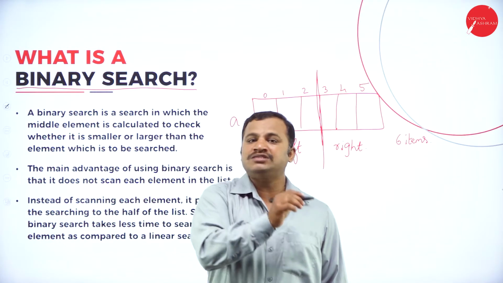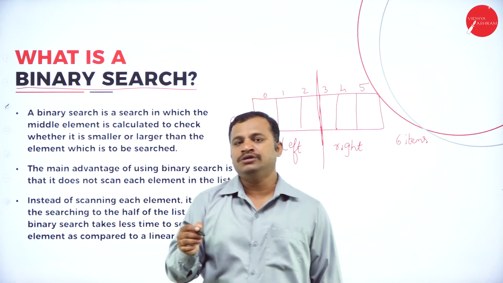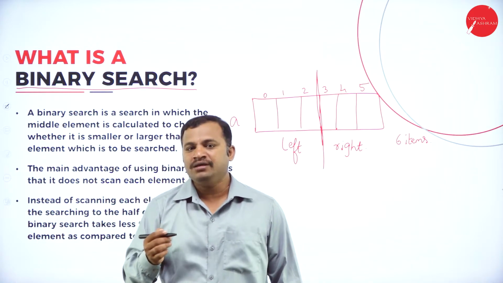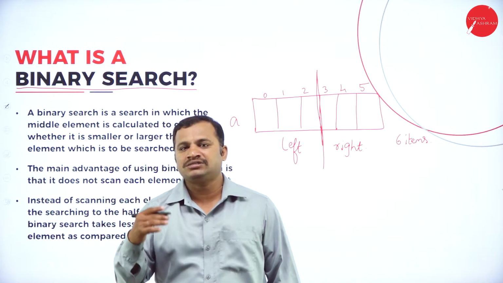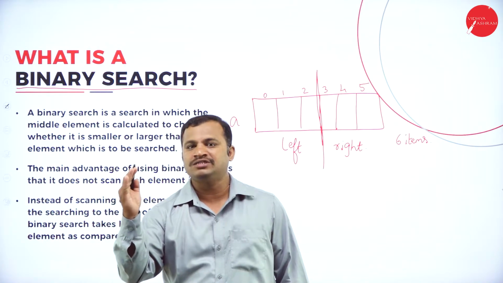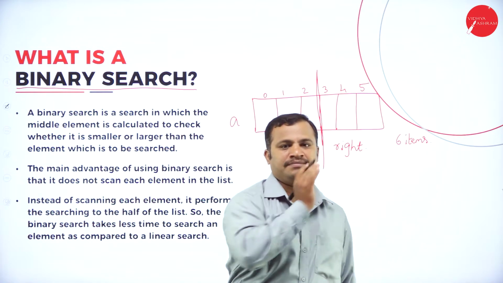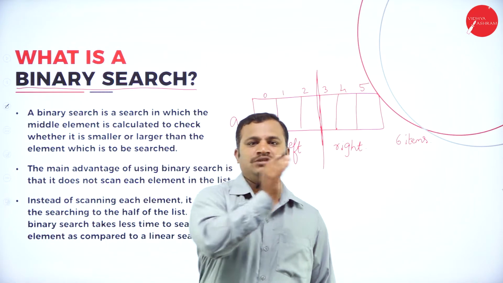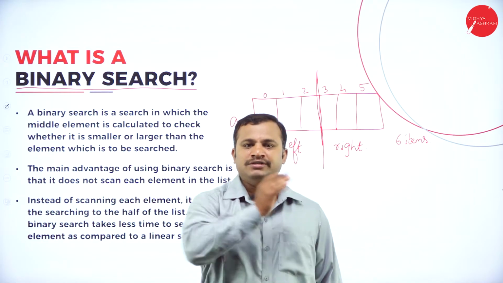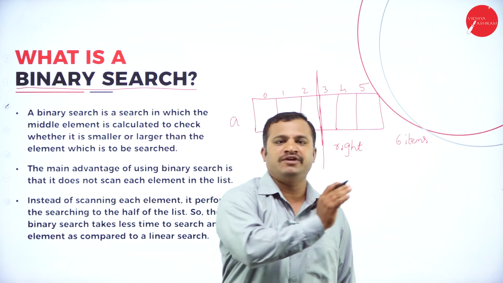In the previous session, I discussed linear search, wherein the elements present in a list are searched from one end of the list to the other end. That means starting from position 0 to the n-1th position, the elements are searched sequentially.